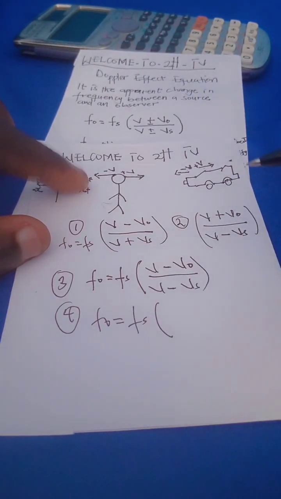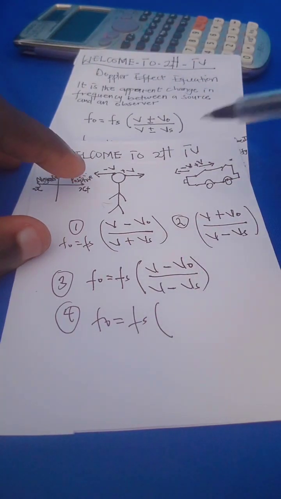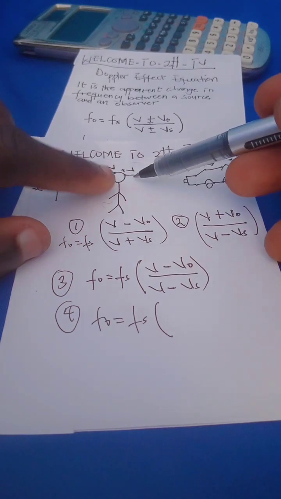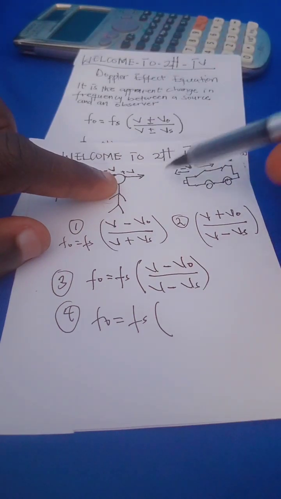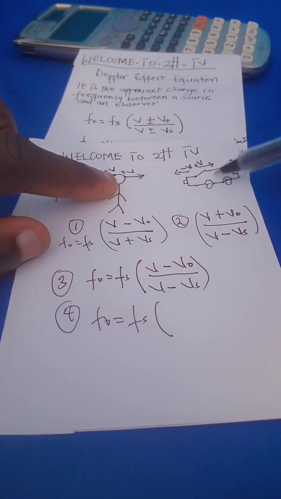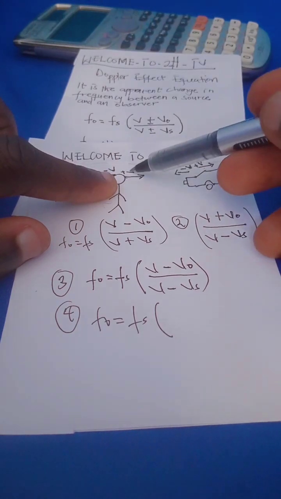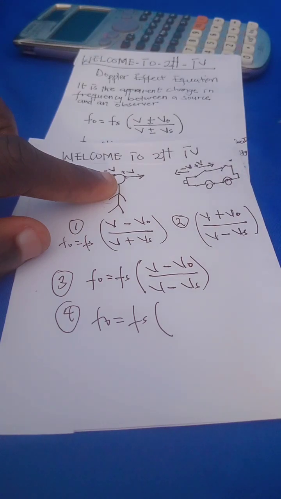So the fourth case, let's assume also in the equation the object was moving towards the source, while the source too was moving away. So object towards positive, source away positive.